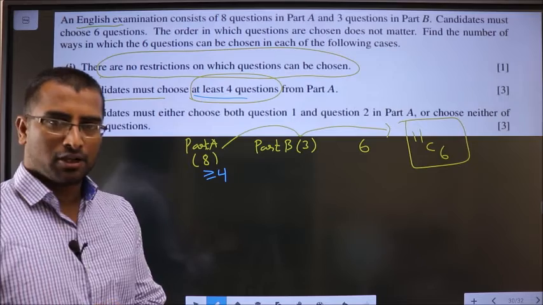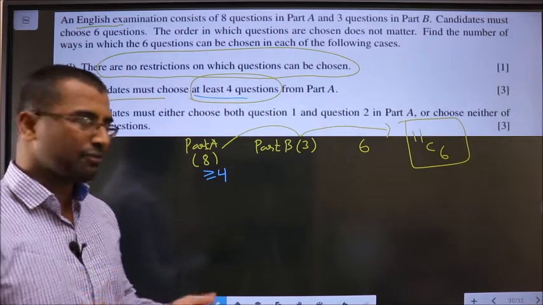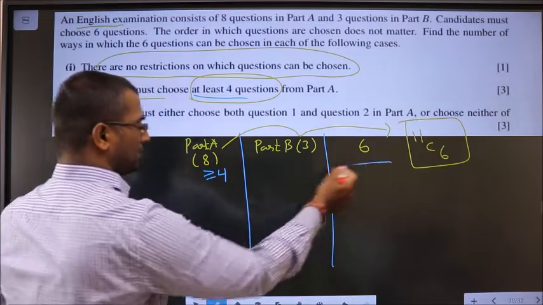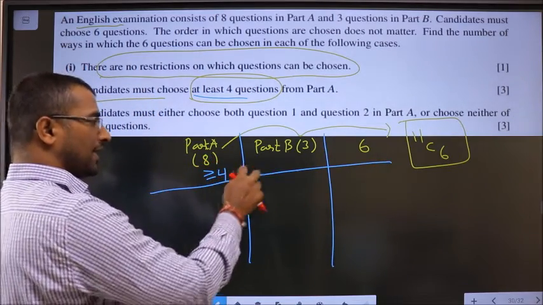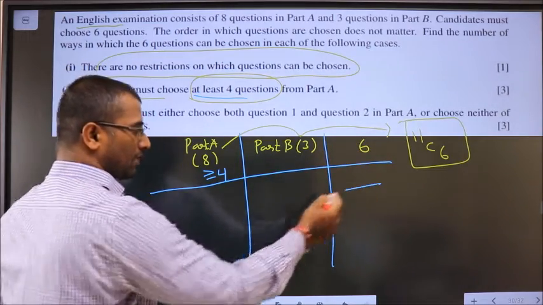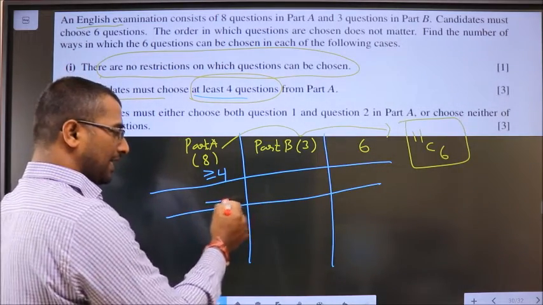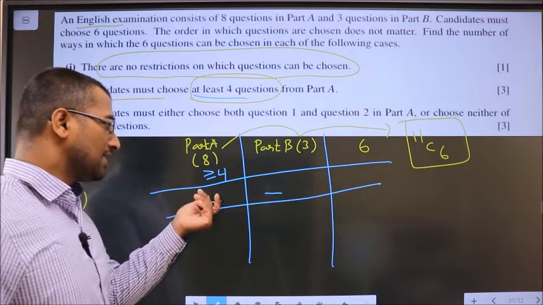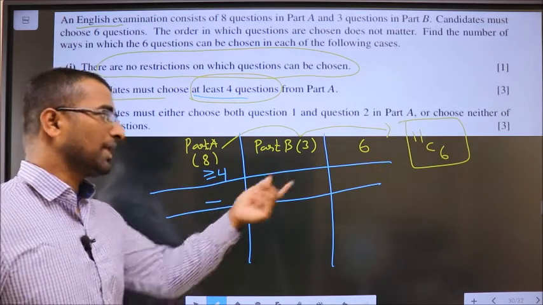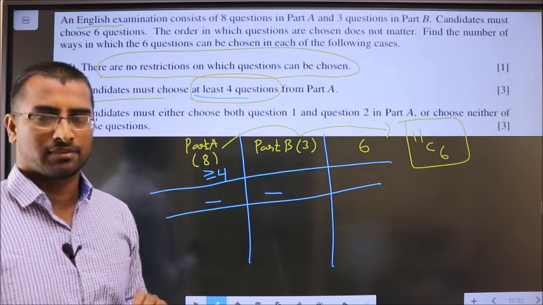I get multiple options, so I write them in a table form, for part A and part B. Part A has this condition, part B has no condition. My count should be 6, so whatever numbers I write here and here must satisfy this condition, and when I add these two, my count should be 6.